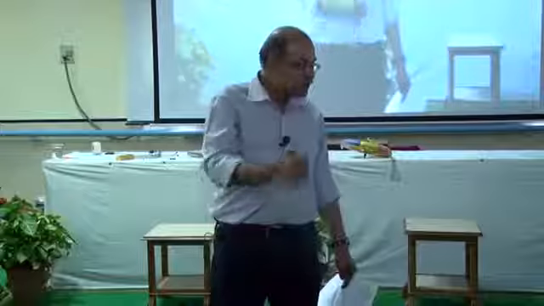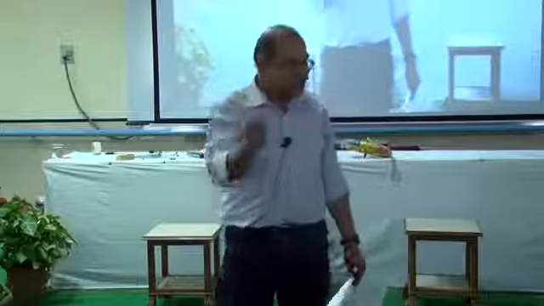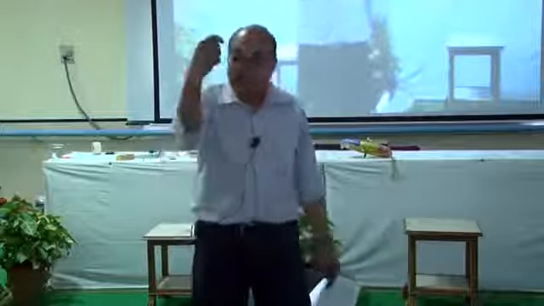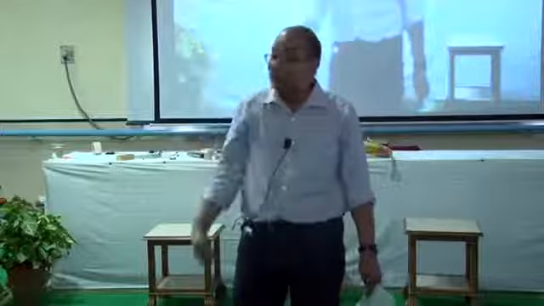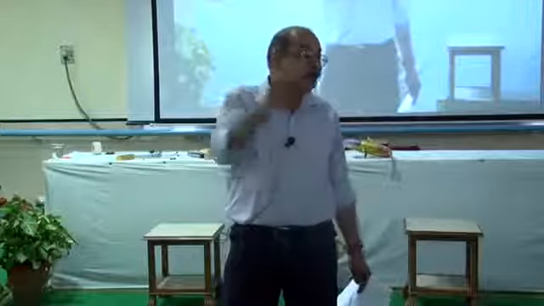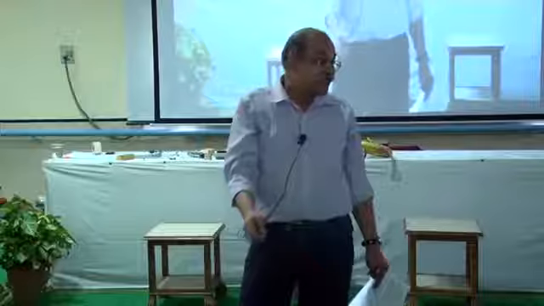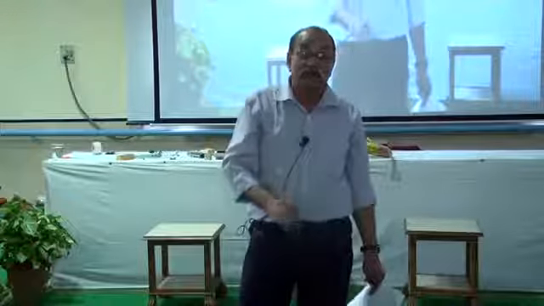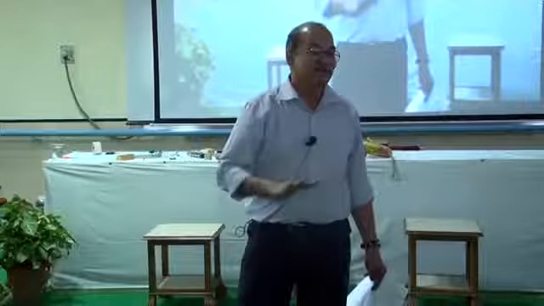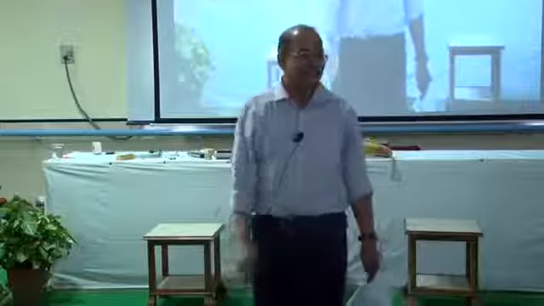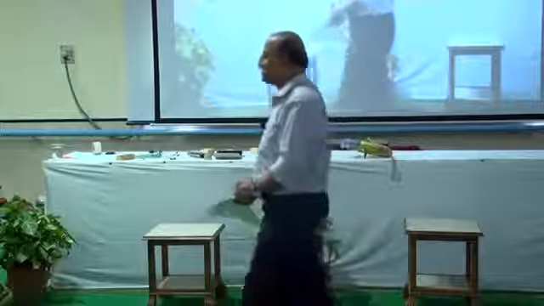Y axis is perpendicular to x axis, z axis is perpendicular to x axis, but any line in the yz plane is also perpendicular to x axis. All the lines in yz, that's why we say that the x axis is perpendicular to the yz plane. Any line is okay, but let's take this one.